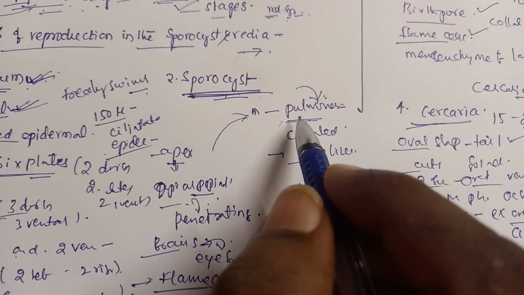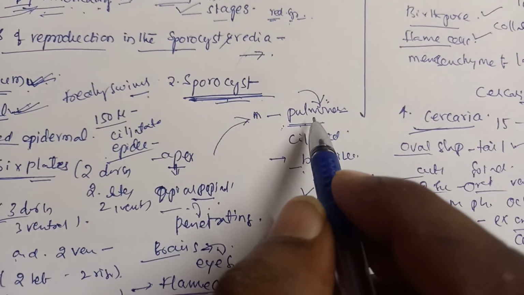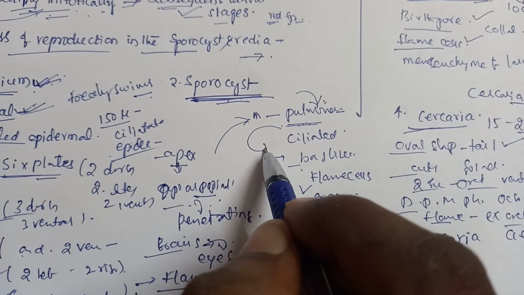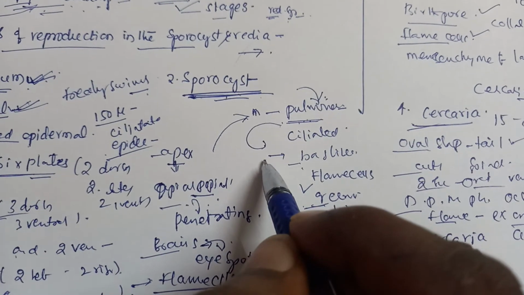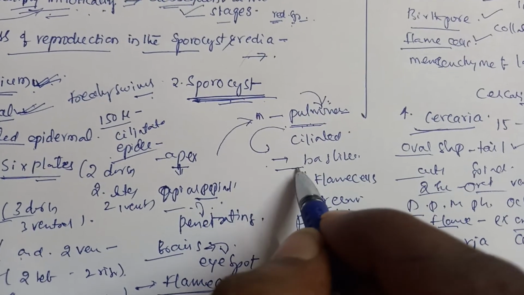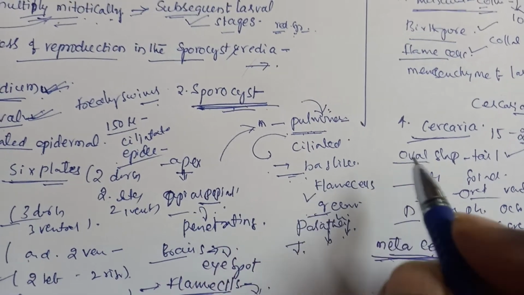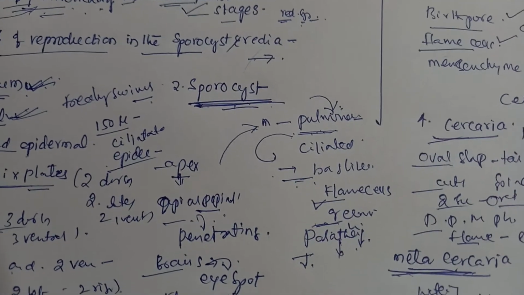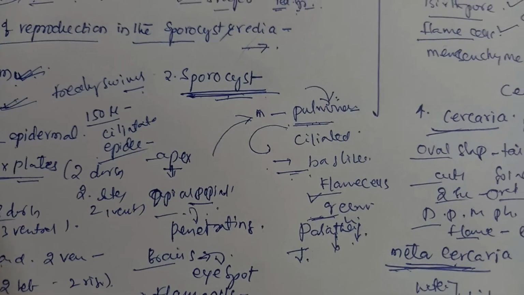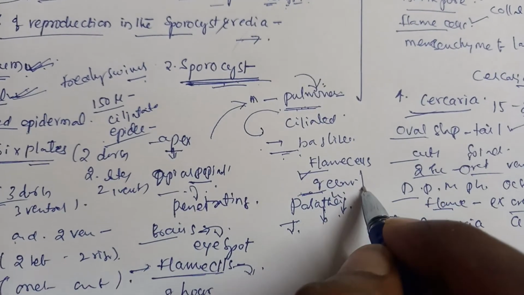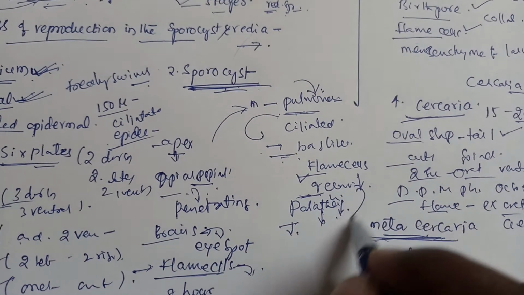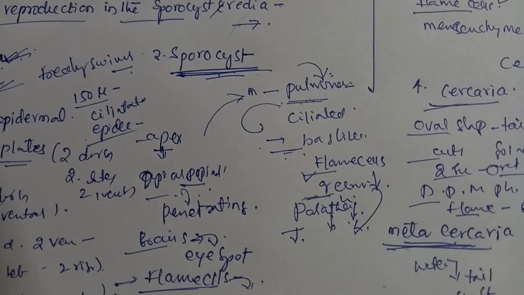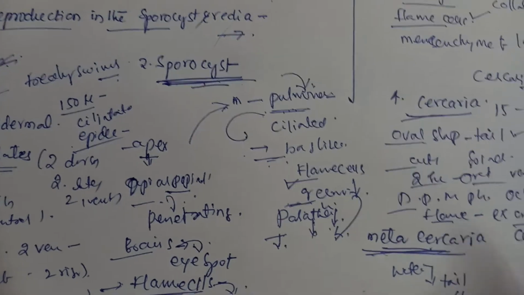When it reaches the pulmonary sac, it loses its ciliated epidermis and becomes a bag-like structure, and flame cells and germ cells are present in this stage. These germ cells, by the parthenogenesis process, give rise to the next larval stage. So the next larval stage is Radia.